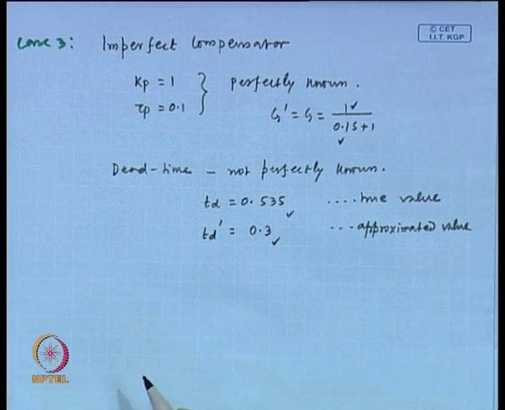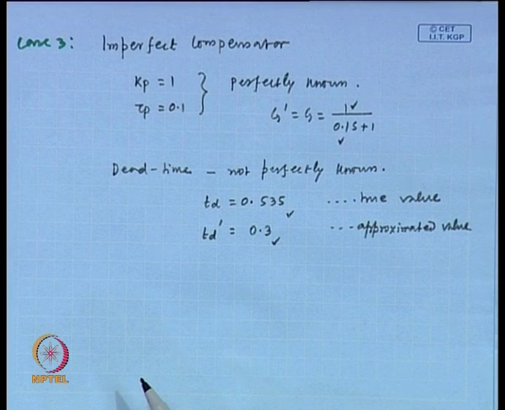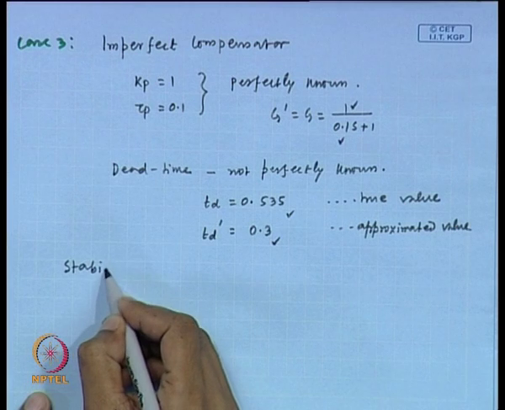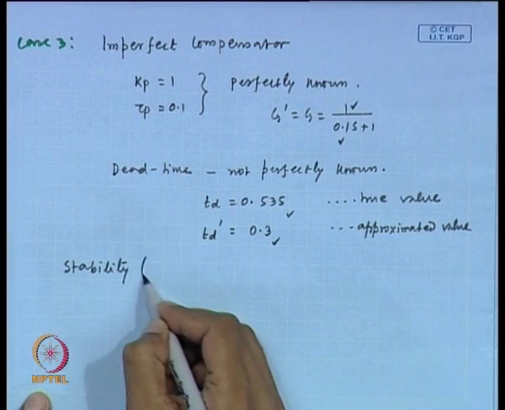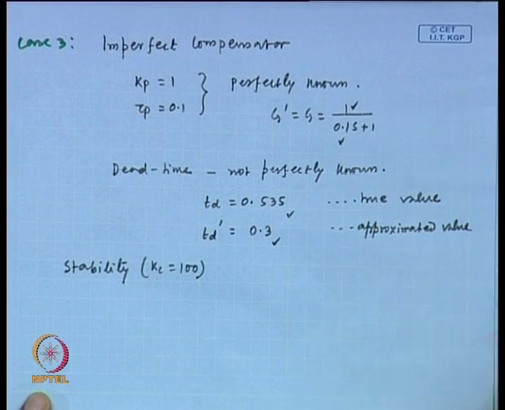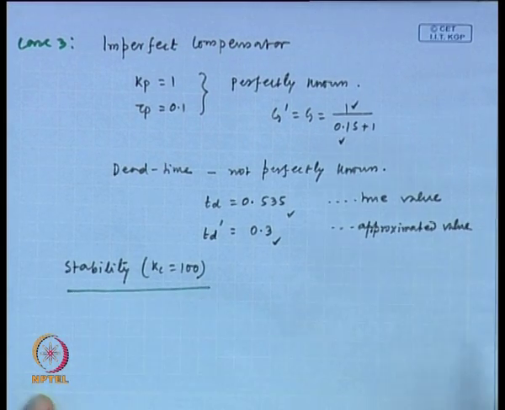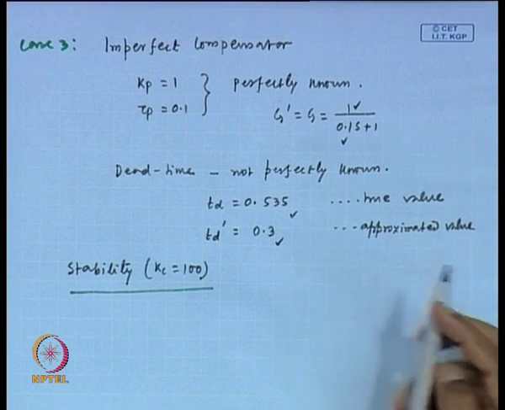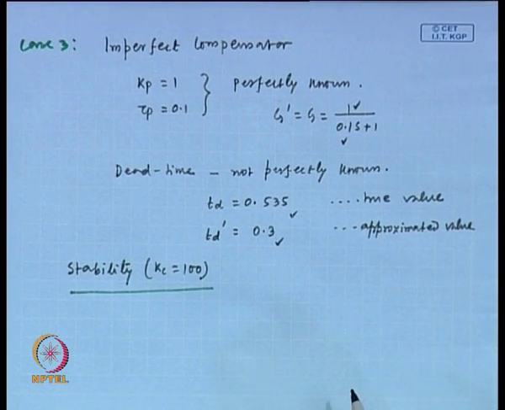Now, question is, we are using Kc value 100 because we know that our compensation is perfect. Question is, what about stability at Kc equal to 100? Original value is 0.535, but we are using 0.3.